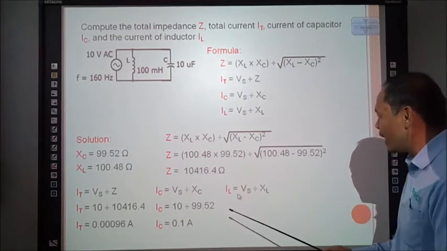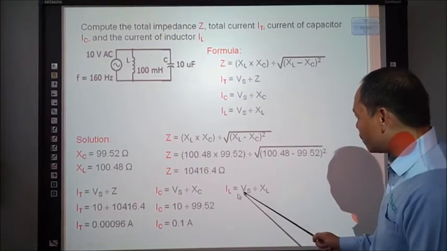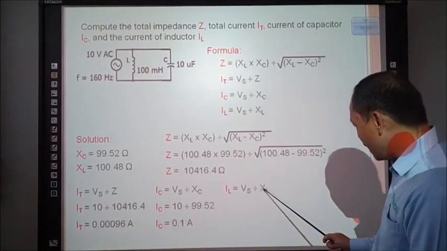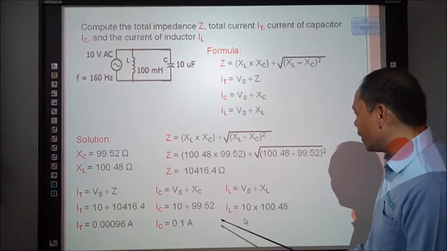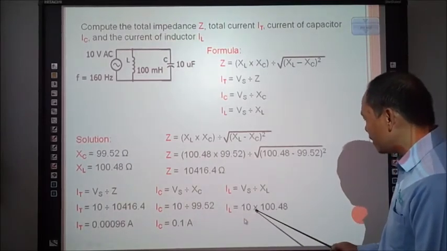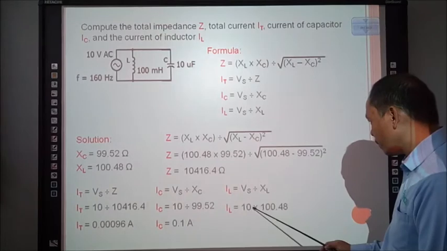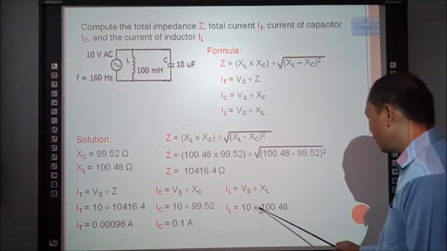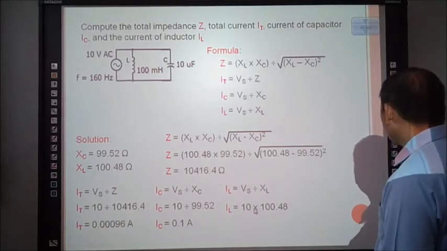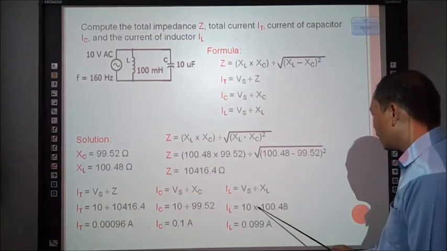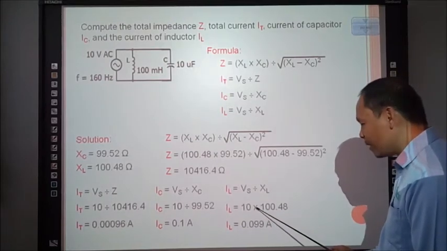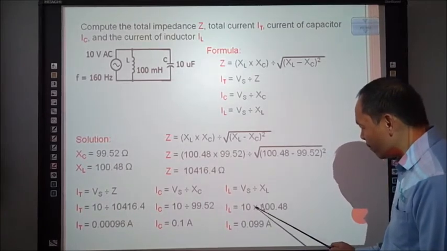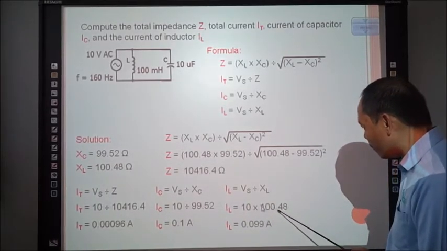Then you can solve for the inductor current, which is equal to Vs divided by XL. Substitute the values of Vs and XL. So your IL is equal to 10 divided by 100.48. By the way, this is divide, guys.